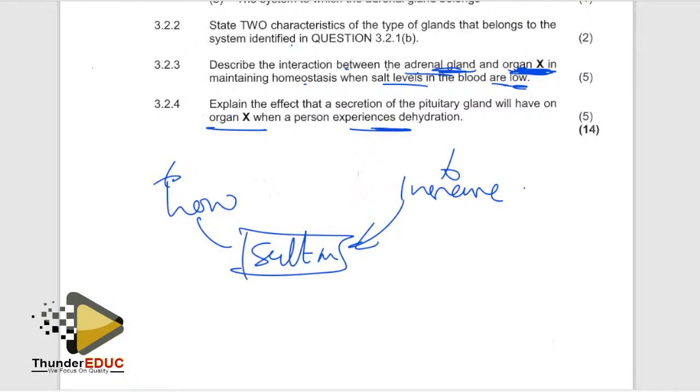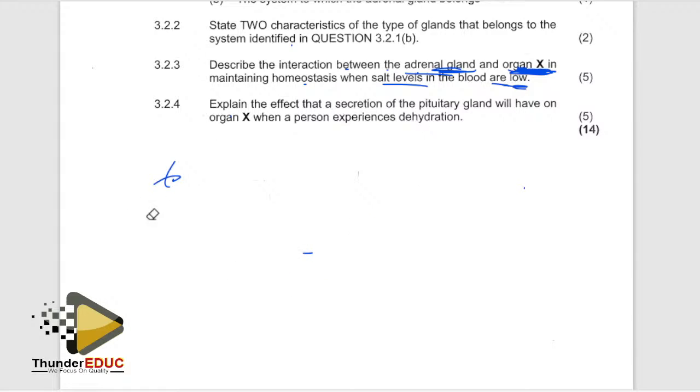Then the second last question on this, they're saying explain the effect that secretion of the pituitary gland will have on organ X when the person is dehydrated.